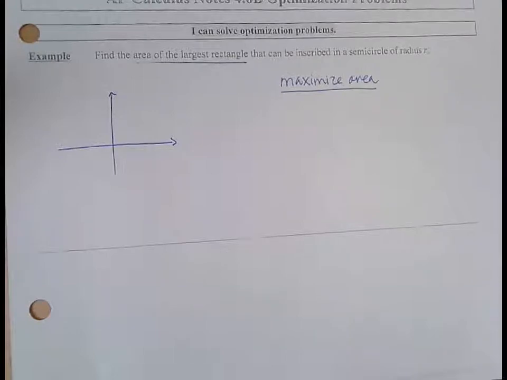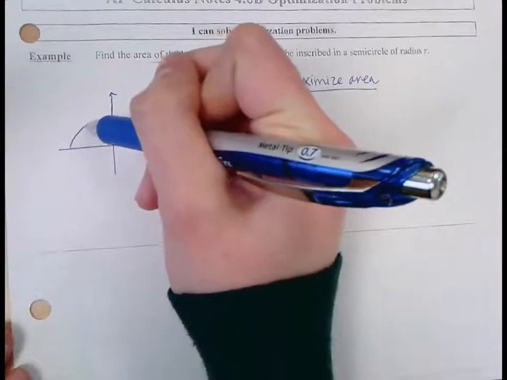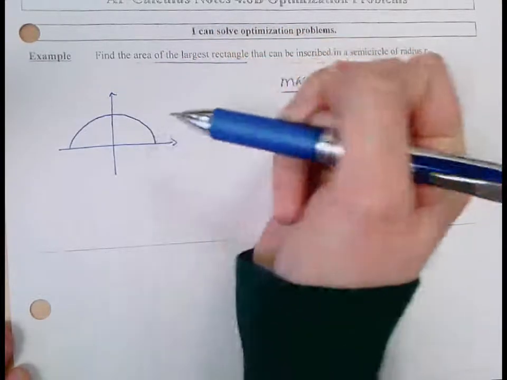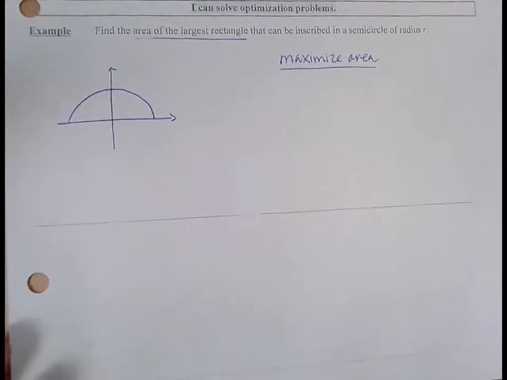The easiest center for a circle on a coordinate plane is when it's at the origin. So I'm going to draw the upper half of the semicircle, so I'm in the positive quadrants for the y values at least.